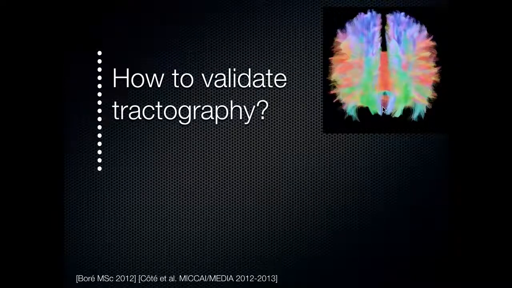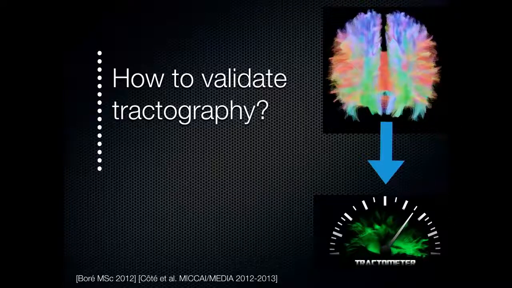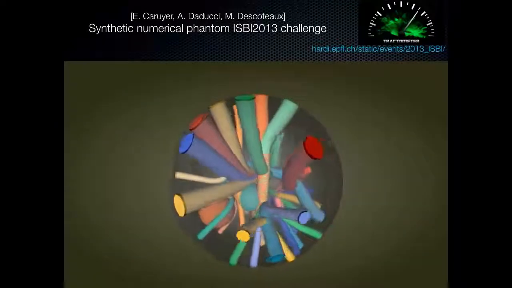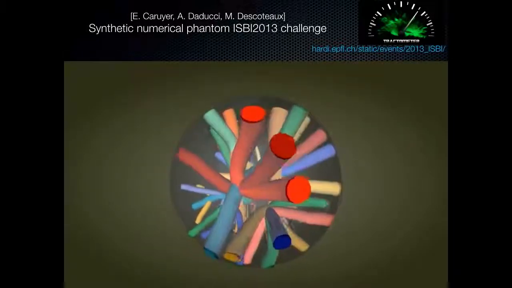And so how do we validate tractography? How do we validate these streamlines that we reconstruct? My lab, with collaborators internationally, has been developing the Tractometer platform to evaluate tractography. With phantoms, ex vivo phantoms, simulated phantoms, we've started building geometries with known ground truth.